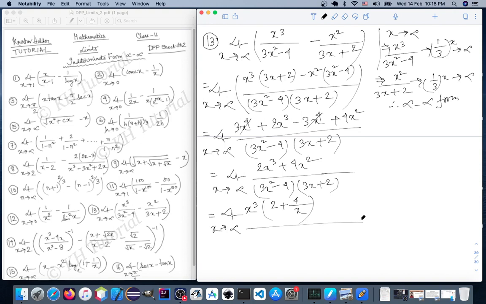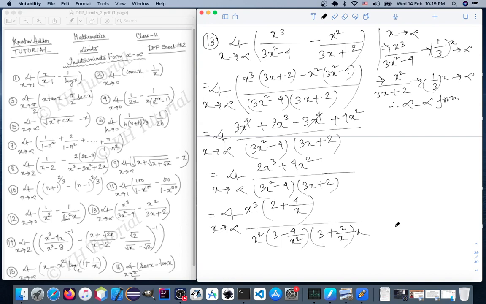In the denominator, from the first term we take x square common, and from the second term we take x common, so we get this.